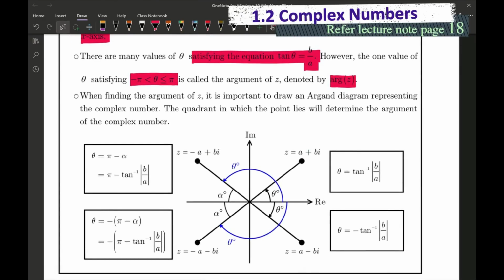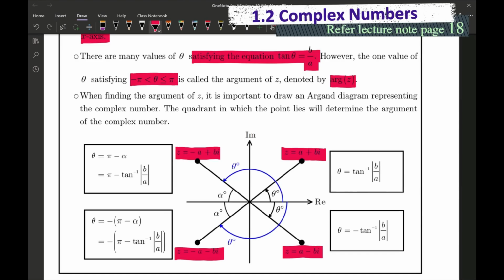Now, how do we find the angle? First and foremost, we must know the position of our complex number. Is it in the first, second, third, or fourth quadrant? We focus on the first and second quadrants first.